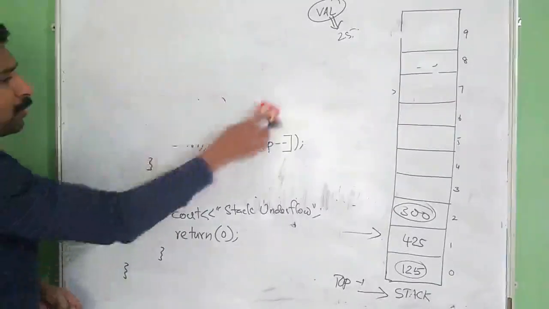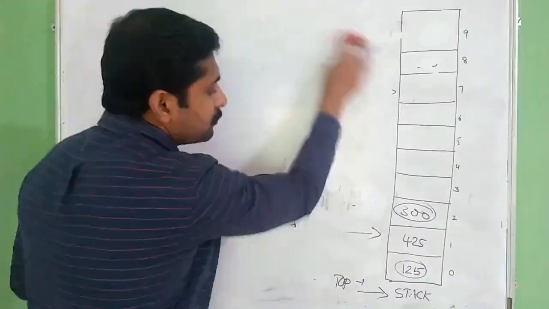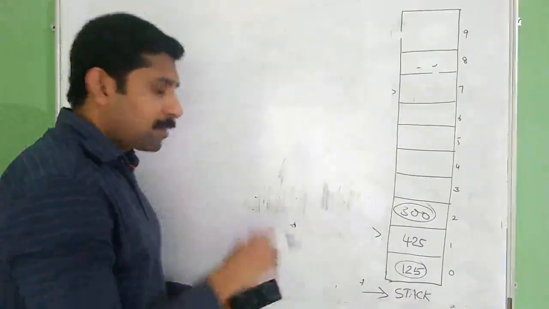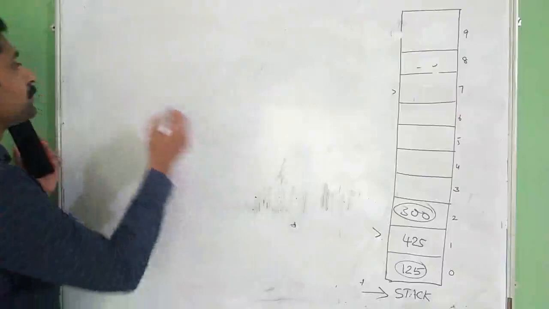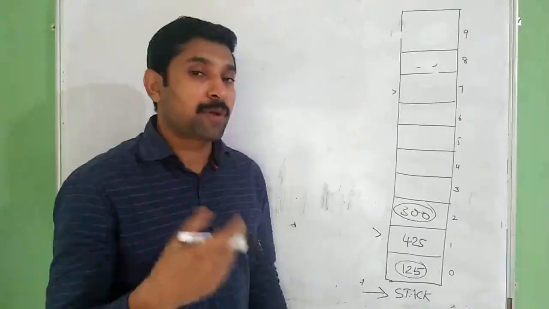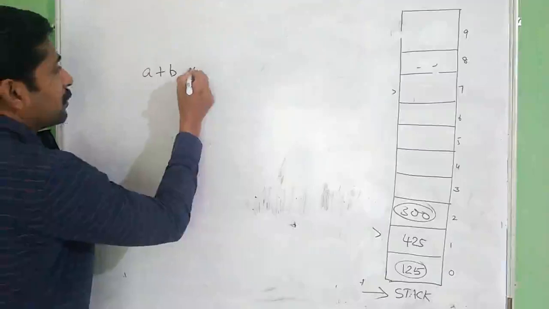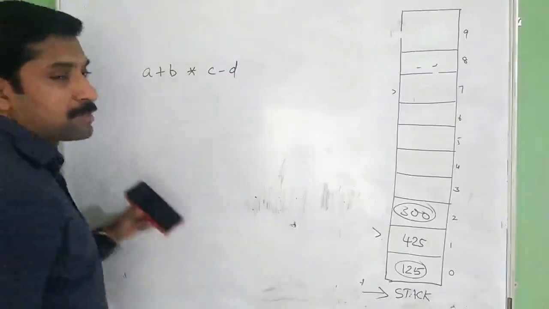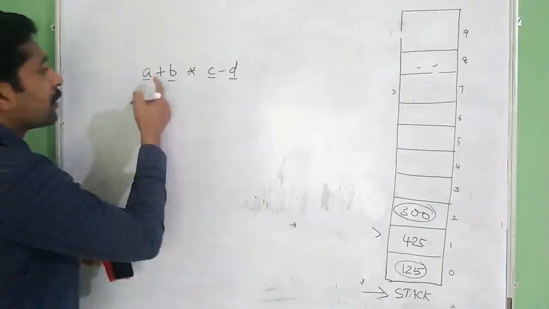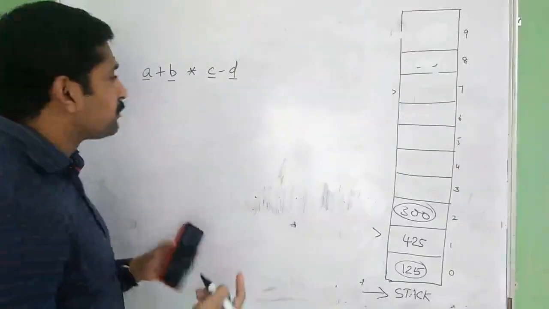Now, what are the applications of stack? Actually, there are many applications. One of the applications is converting expressions into different forms. This is an expression, a plus b, star, c minus d. The a, b, c, d are operands. This plus, star, minus are all operators.